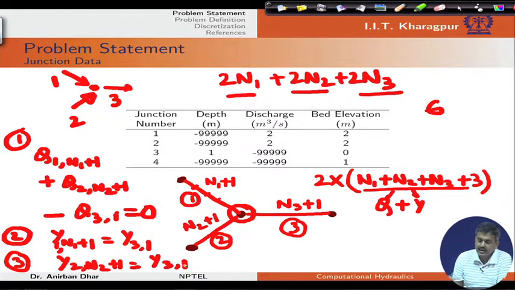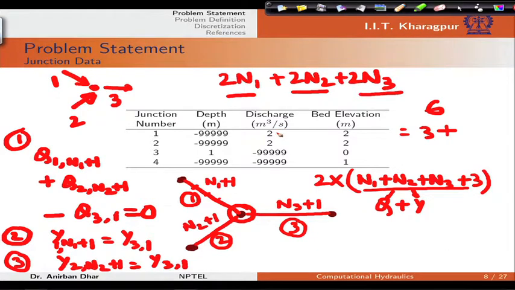So, we have 3 conditions out of the 6. Now, we still need 3 conditions to solve this problem. From our boundary conditions we have specified discharge at node 1, node 2 and specified flow depth at node 3. So, from these we are getting the extra 3 conditions. So, now we can solve this problem.